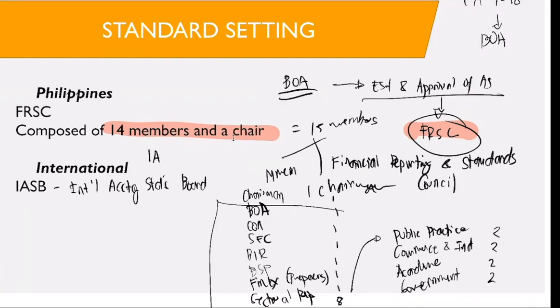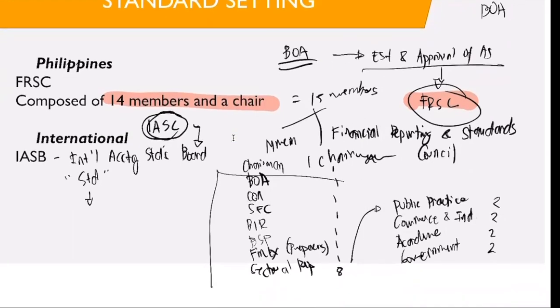So IASC, this is the committee really tasked for accounting standards, and under it we have your International Accounting Standards Board. Now, your International Accounting Standards Board, again, will issue your different standards. And these standards are composed of the following. We have your IFRS, IES, and your interpretations.